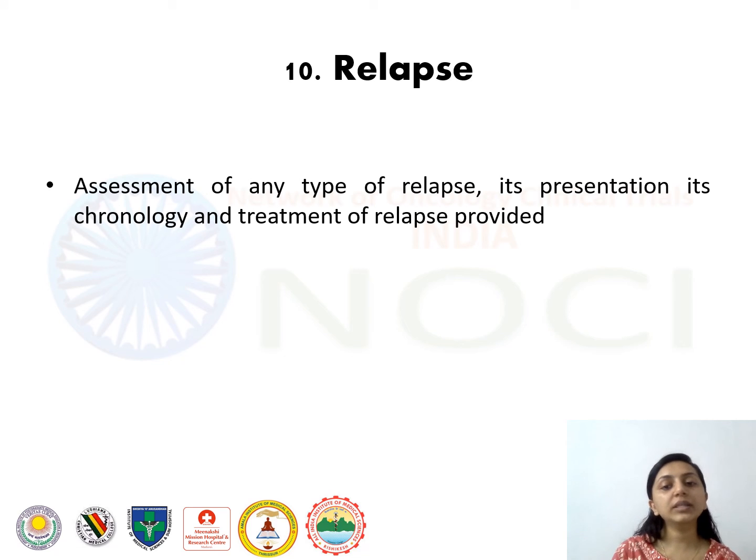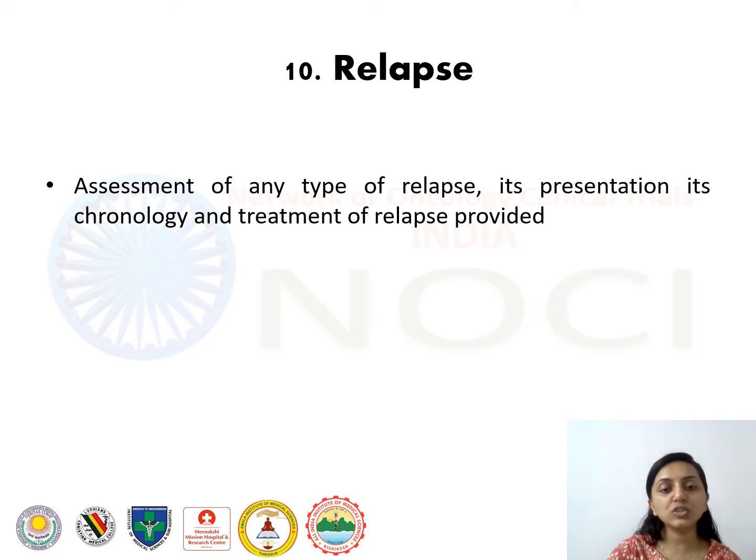We should look at these patients for relapse or recurrence. The patient can have a recurrence either in the same region where she already had it, that will be local recurrence, or she can have the disease coming back in her lymph nodes, which will be called regional recurrence, or the disease will come back in any of the organs elsewhere, and that is when it is called distant recurrence or metastasis.